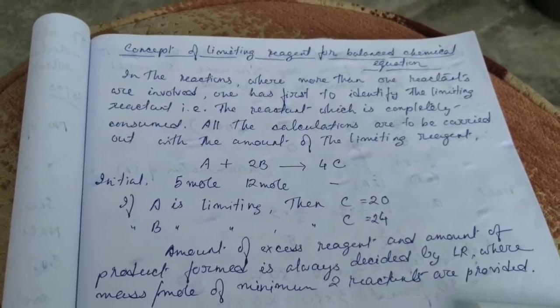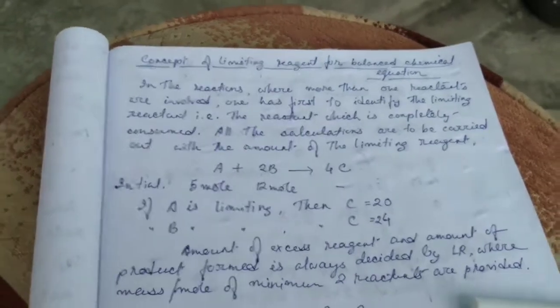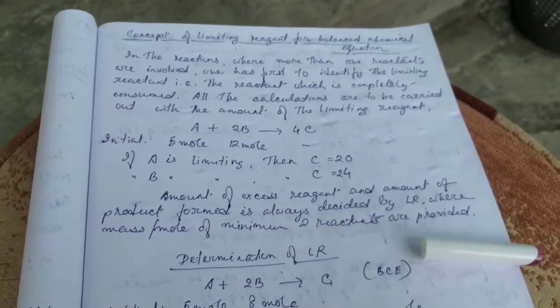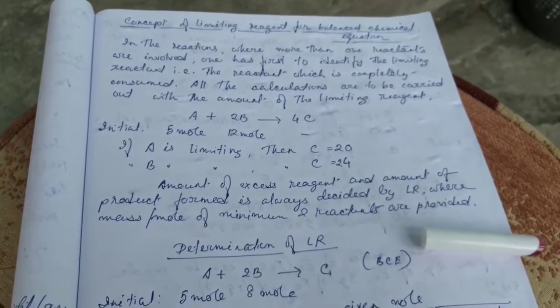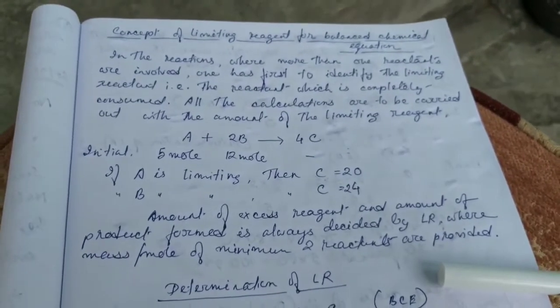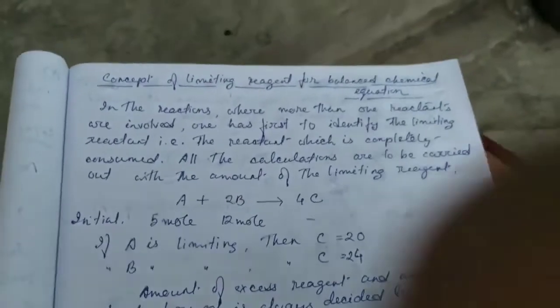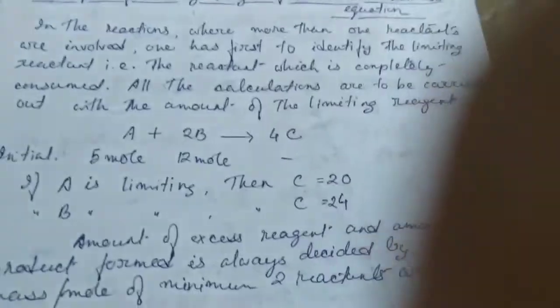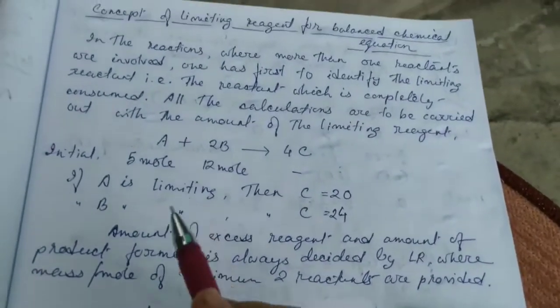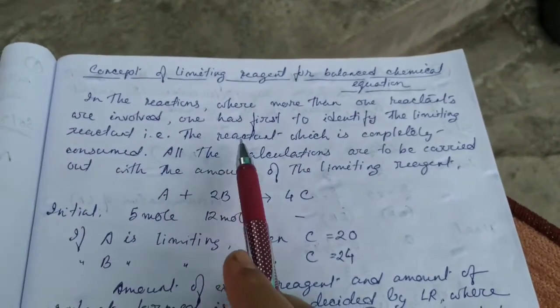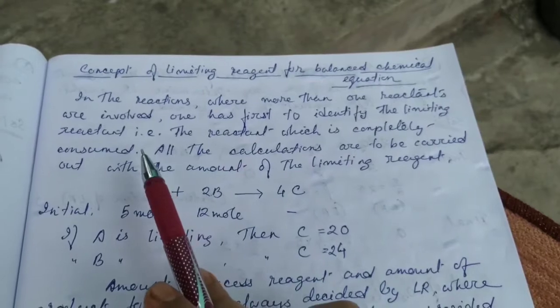And we solved that problem based on POAC. Now if we want to solve this problem by the mole method, that is by making the equation balanced, how can we go? This concept of limiting reagent comes in reactions where more than one reactant is involved, and one has first to identify the limiting reactant.